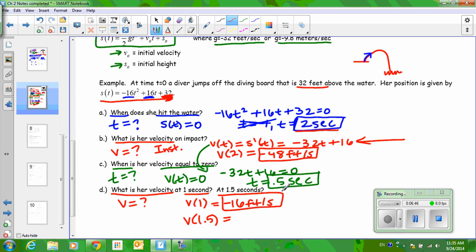And hopefully it makes sense that these velocities are negative, because this is when the diver is going down. All right, and that 0.5 seconds, by the way, is happening right there. The velocity equals 0 when the diver is going to be at the maximum.